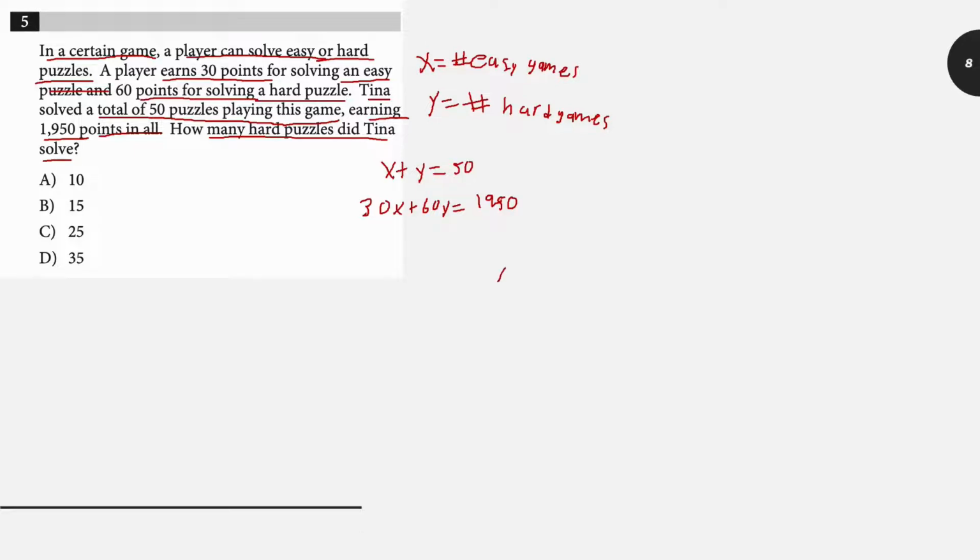So you can multiply the first equation by negative 30 on both sides. And you get negative 30x minus 30y equals negative 1,500.